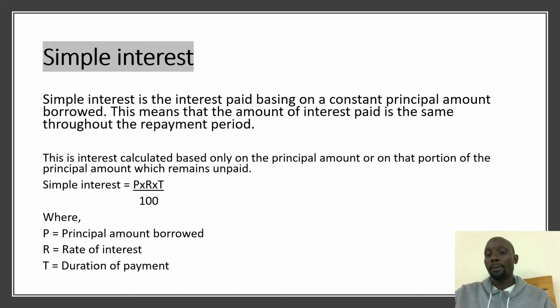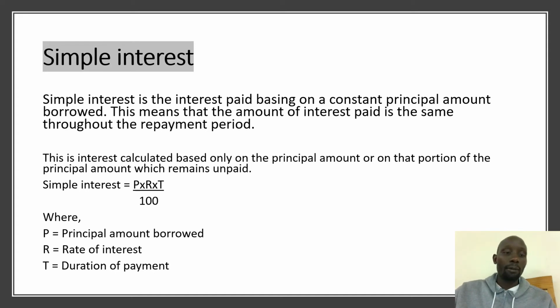So if money is lent out or borrowed, the rate of interest is constant, or is the same, for the whole period of repaying back that amount of money or loan. This is calculated basing on the principal amount, or the portion of the principal amount which remains unpaid.